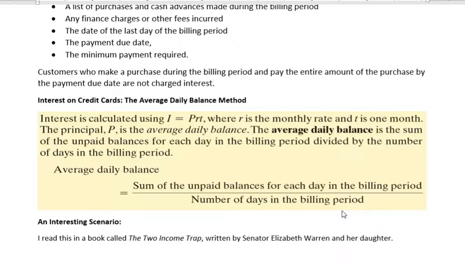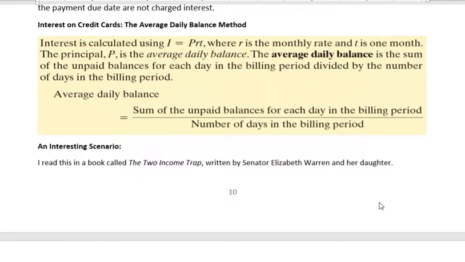So I'm probably going to be breaking this instruction up over 2 videos so they don't get too long. We want to make sure that you can print out or just look at on Canvas these formulas that you might want to refer to later. But the sum of the unpaid balances for each day divided by the number of days in the billing period, and that's just the number of days in the month.